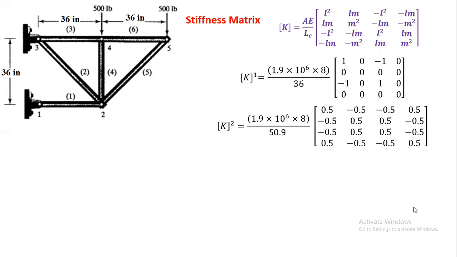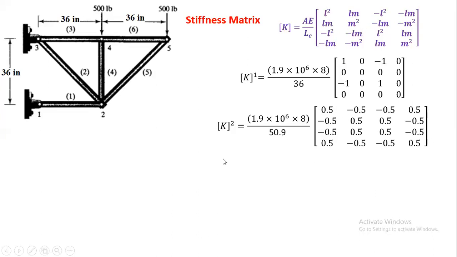Next, LM is 0.707 into 0.707, one is minus, so this is minus 0.5, this is again minus cos square theta, so it is minus 0.5, 0.5, minus 0.5. Just put the direction cosines of the second element.